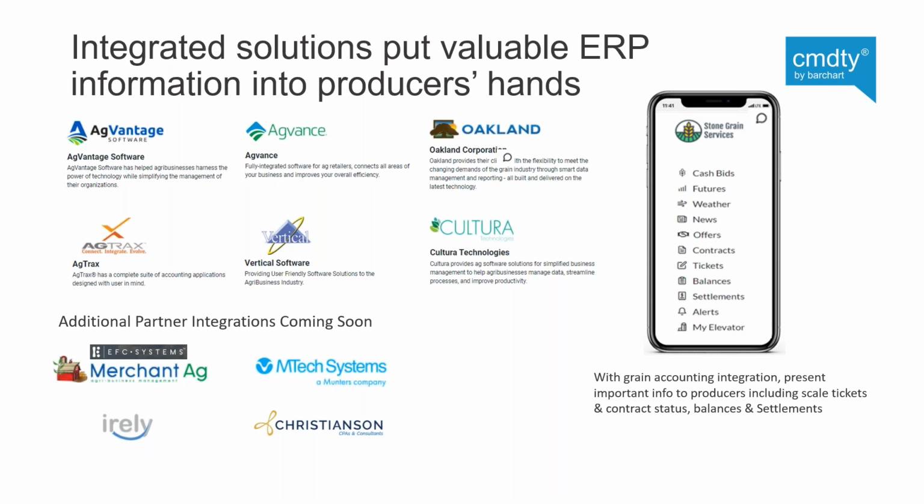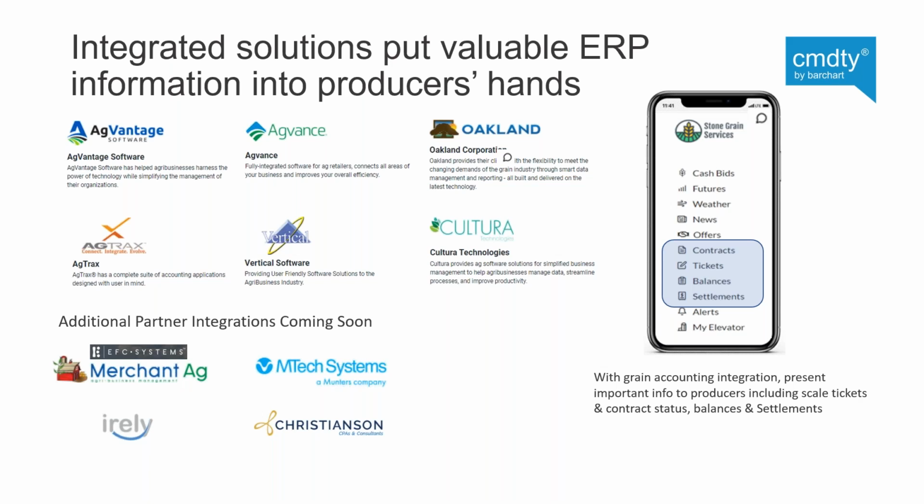So what does this do? This provides all of that information that the producer is looking for beyond just the typical cash prices, futures, and weather. It also gives them complete access to their contracts, their tickets, their balances, and their settlements.